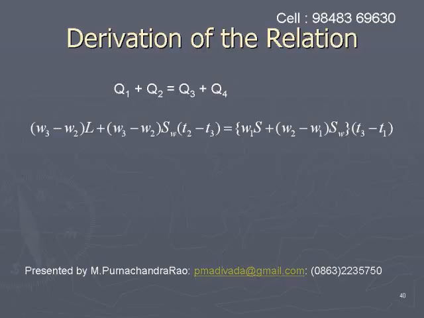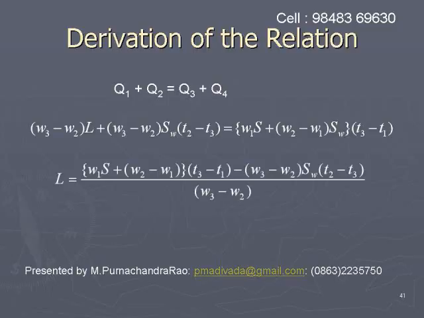(W1S plus (W2 minus W1) into SW) whole multiplied by (T3 minus T1).